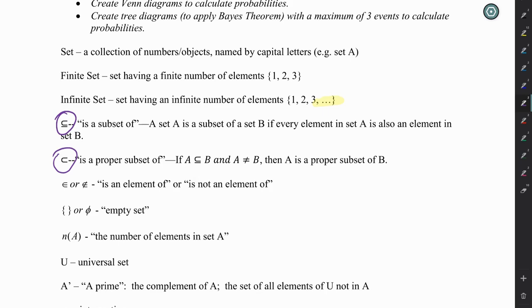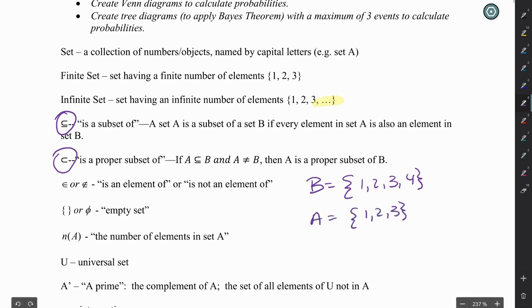It means that if A is a subset of B and A does not equal B, then A is a proper subset of B. So for example, if B is the set 1, 2, 3, 4, A can be the set 1, 2, 3. Since all of the elements in A are also contained in B, it's considered a subset. Because A is not identical to B, it's also considered a proper subset.